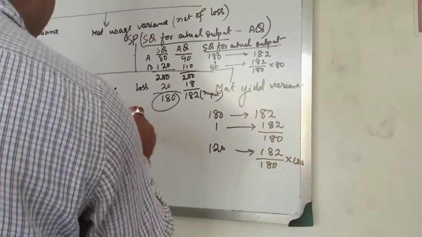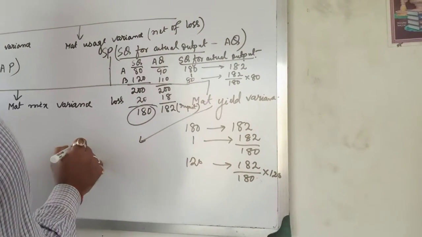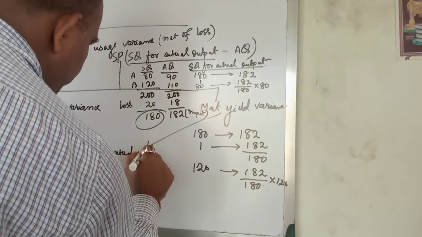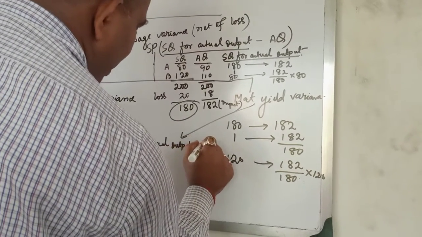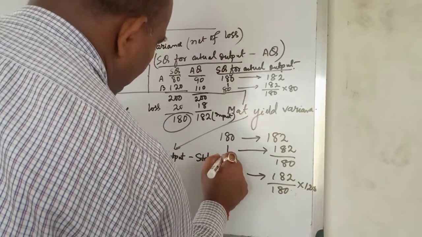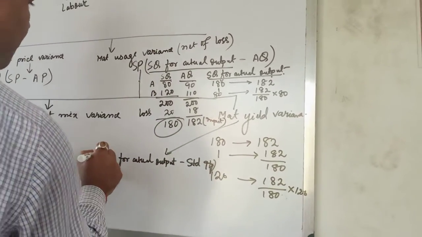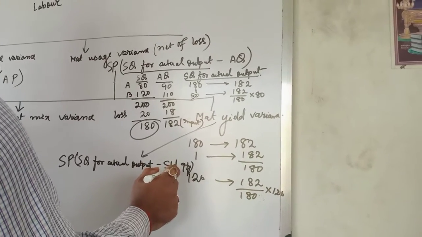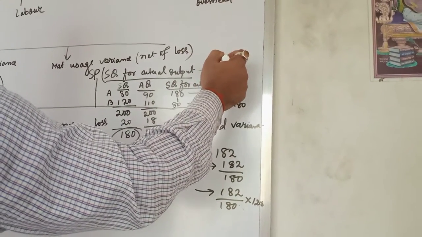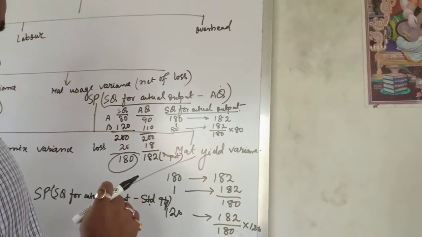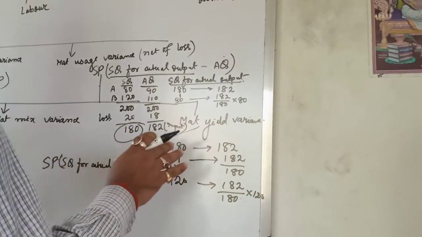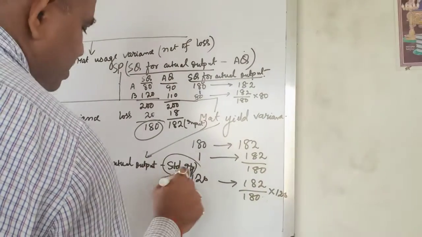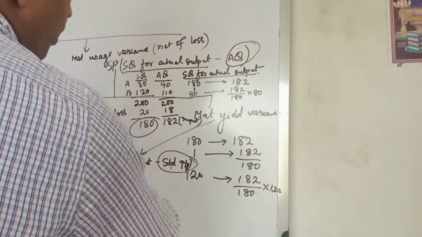The formula for material yield variance is standard quantity for actual output minus standard quantity, multiplied by the standard price. Here there is only the standard quantity, and in material usage there is the actual quantity. Do not get confused between material yield variance and material usage variance; the only difference is standard quantity and actual quantity.